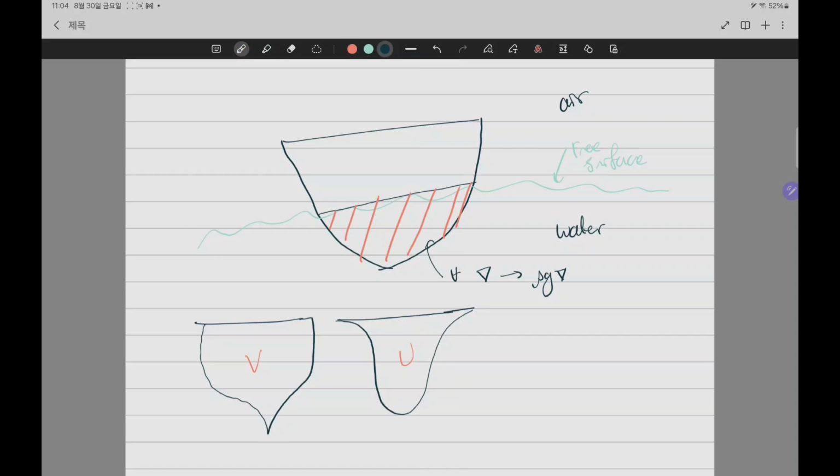An interesting feature is that for this V shape, as it sinks more, the displacement gets bigger, so it's kind of stable. For this, the displacement doesn't increase as much, so it's not as stable as V. And that's just one application of this very simple principle.